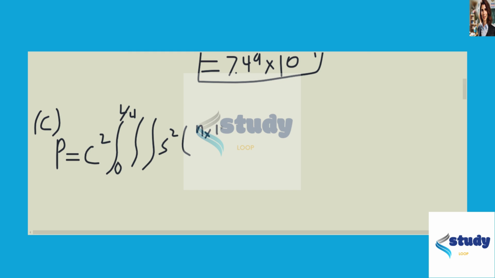I'll do it for one, and not painstakingly write everything out. It's the same thing for both of these: sine squared of x over L, y over L, z over L, dx, dy, dz.